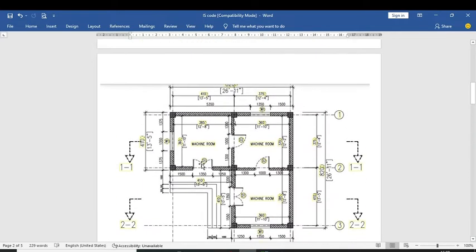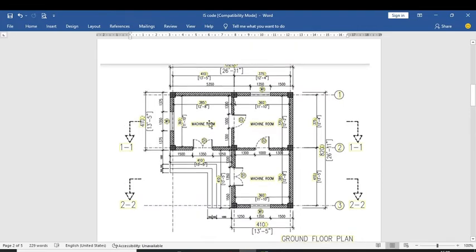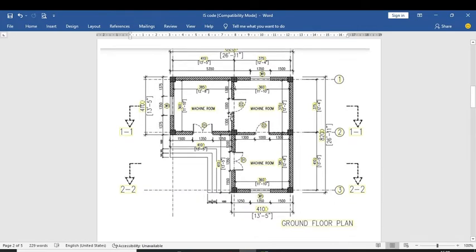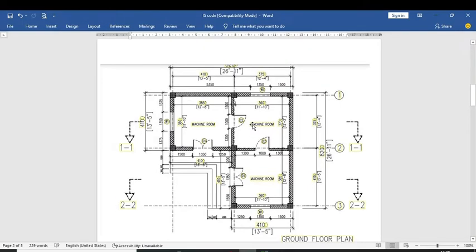So as you can see, here is a given plan. The architect will provide you the drawing so that you proceed for the analysis. Before you put the size of the structure in STAAD.Pro or ETABS, you should know the basic thumb rule to determine the size.